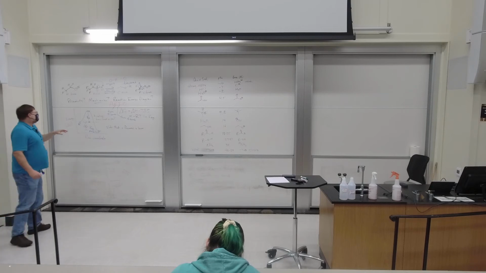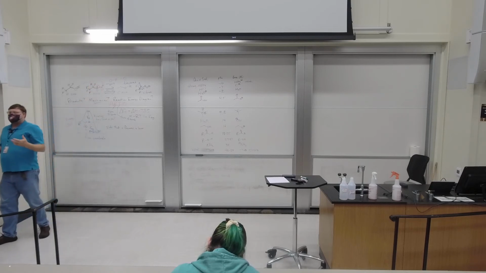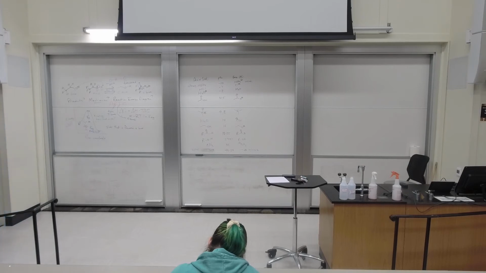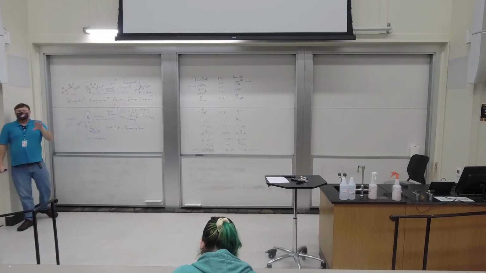If I put a whole bunch of bulky stuff around the OH, it'll be slower. As it turns out, acid-base proton transfer reactions tend to happen really fast. Protons, by definition, because they're not bonded to anything else, have to be on the outside of the molecule.